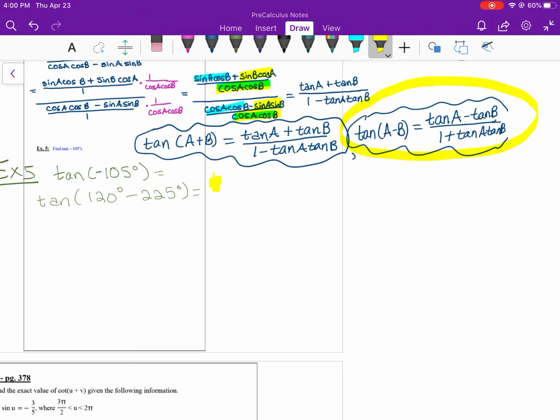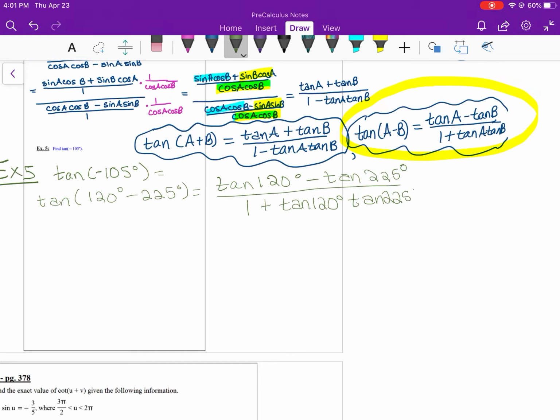So tangent, oops, can't use the highlighter. Okay, remember the angle here is not negative, that's a subtraction sign right here.